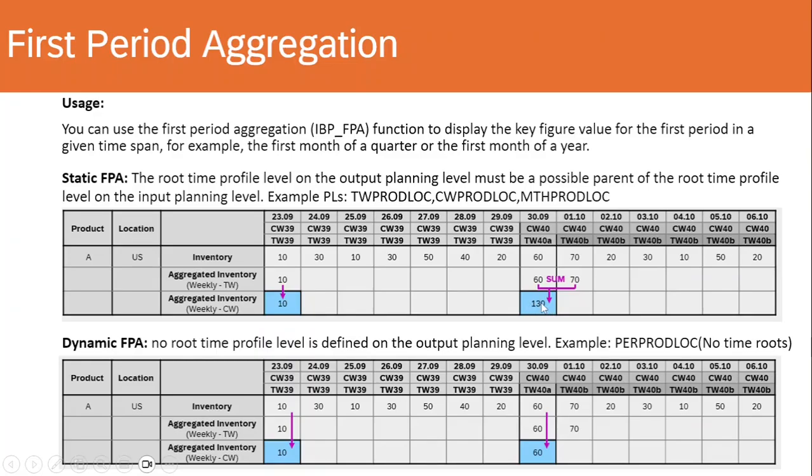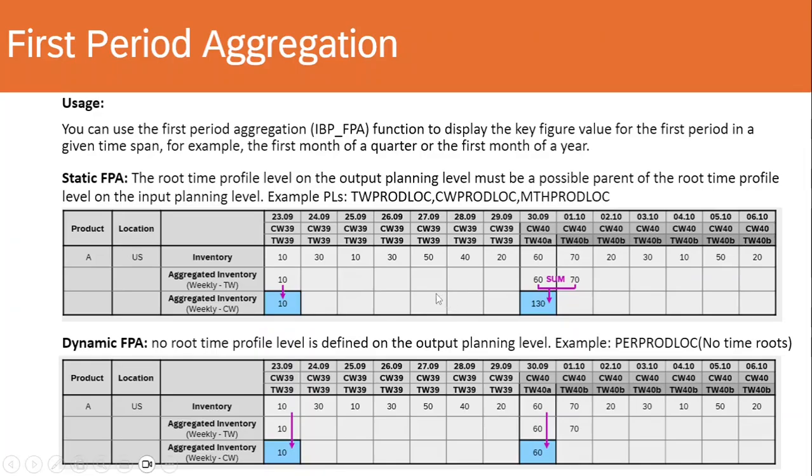Usually, when you apply a calendar week first period aggregation, it should display only 60. But the static first period aggregation is only applied for a static time profile level. It doesn't apply to all the time profile levels. So that's why the calendar week, month level, or quarter level data would be incorrect, because the first period aggregation would not apply there.